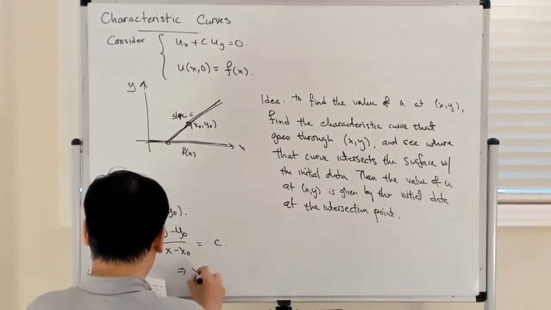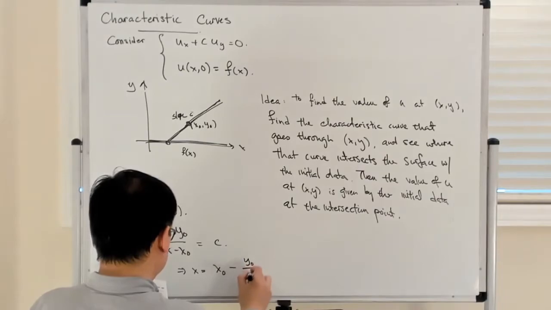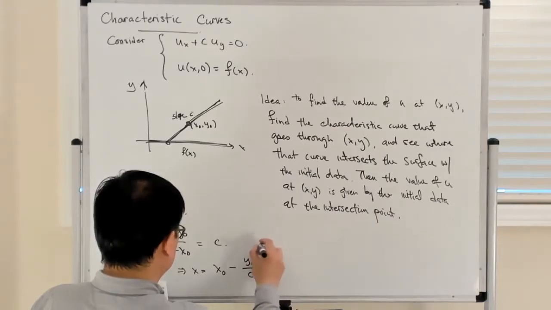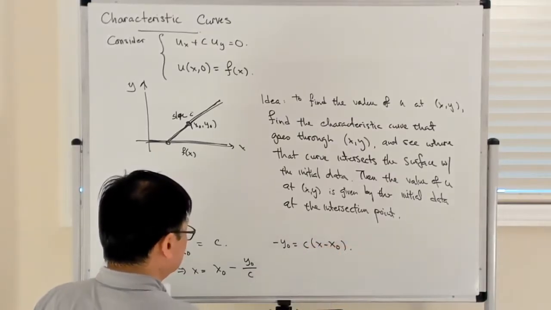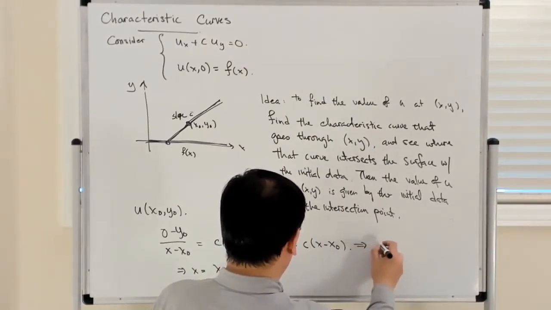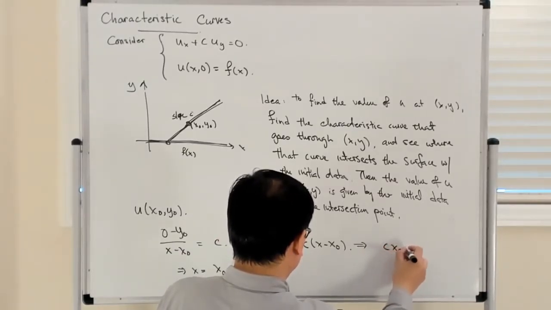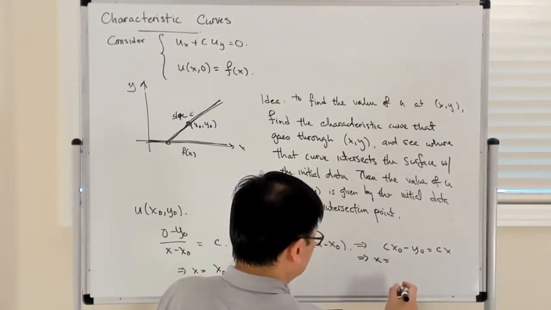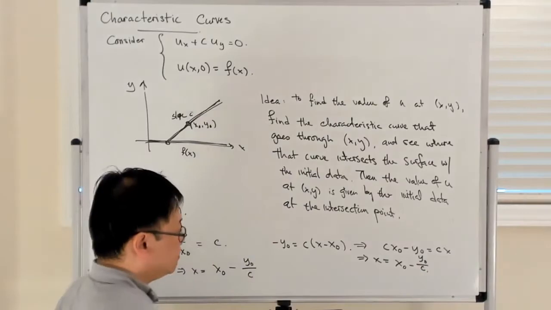Minus y0 is equal to c times x minus x0, which implies that c x0 minus y0 is equal to c x, which implies that x is equal to x0 minus y0 over c, which is the equation I had here.